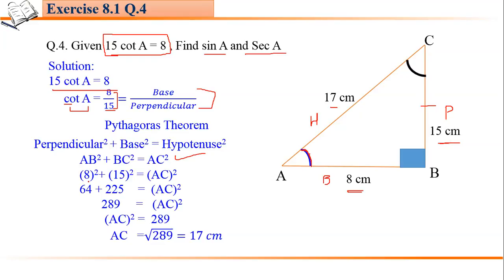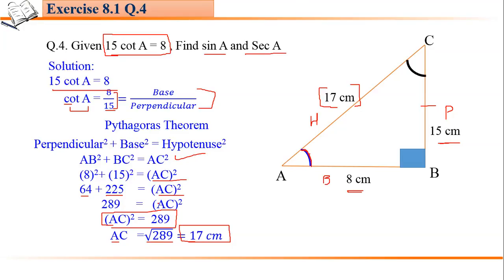So 8 square plus 15 square is equal to AC square. 8 square is 64, 15 square is 225, so AC square is equal to 289. So AC will be equal to root 289, that is 17 centimeter. That is why we have written 17 centimeter here.